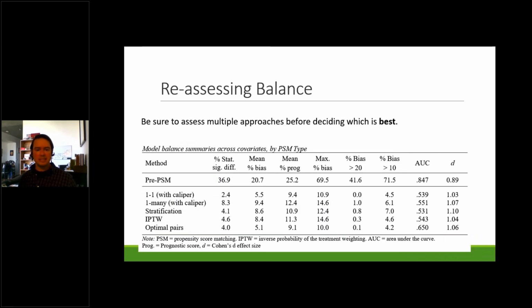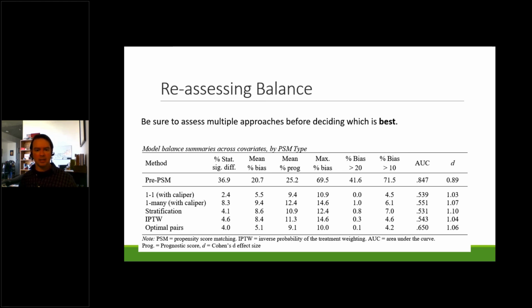Be sure to assess multiple approaches before deciding which one is best. So I gave you just a handful of ways that you can use propensity score modeling: matching, stratification, and weighting. But it's really important that you examine as many as you think you ought to before determining which one you're going to report and lean on for your treatment effects.